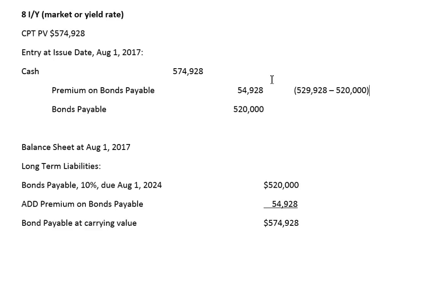It's always the difference between cash given to the issuer and bond liability booked by the issuer. All right. And so if we add that premium, we're going to get our bond at its carrying value, which should be what we got for it at the date we issued it, because we're doing the entry at the date we issued it and the balance sheet at the date we issued it. And that's going to be $574,928.